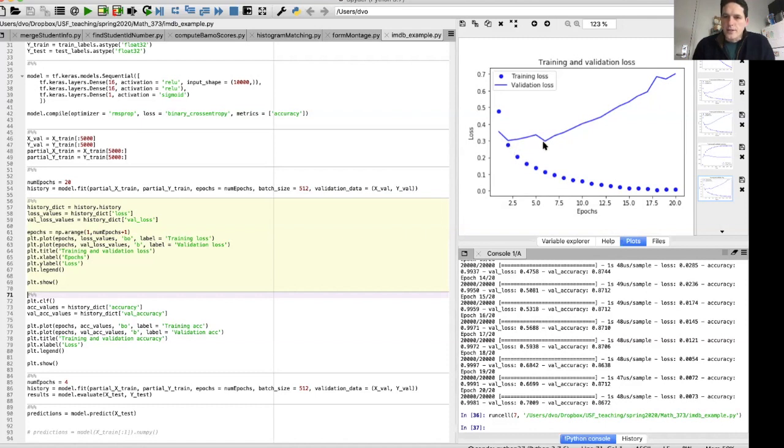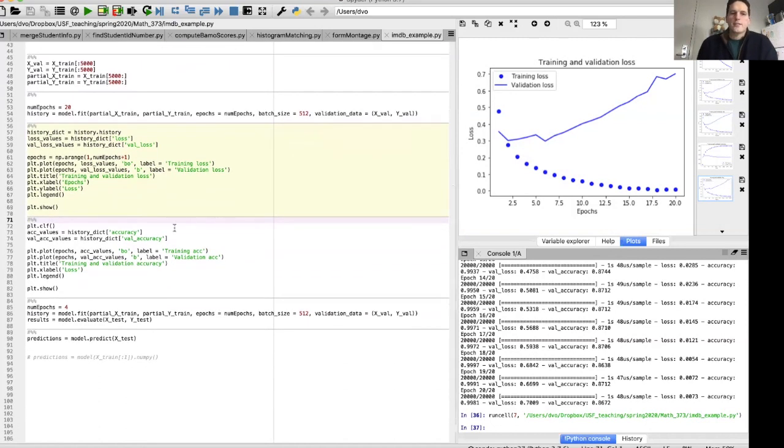But starting at this point, we continue to make progress on the training data, but we start actually doing worse on the validation data set. That means that we are overfitting. We observe the validation loss is getting worse while the training loss is getting better. That's overfitting. The model is too flexible. It's bending over backwards to do well on the training data set, which is what it can see, but the things it's doing are not helpful on the validation data, which it has not seen. That's overfitting.